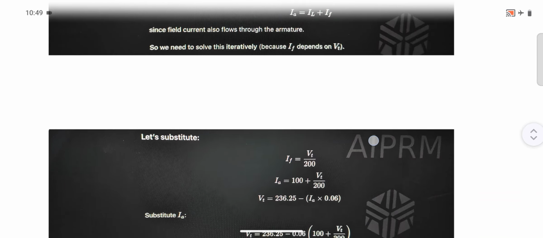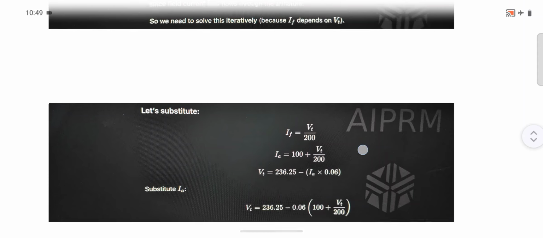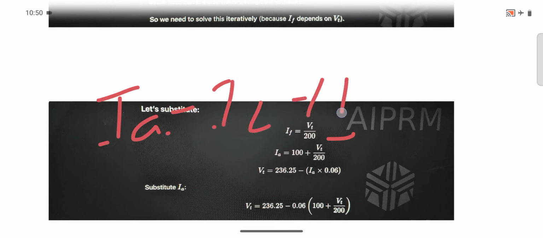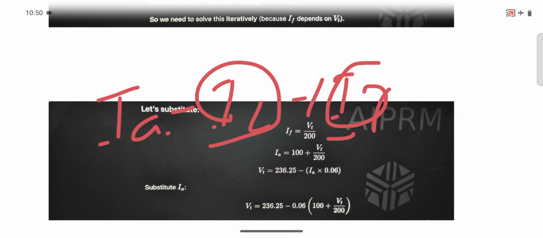So now field current is terminal voltage by field resistance. Now we can write using the above formula, IL is given and IF we already calculated. Then we can know armature current.